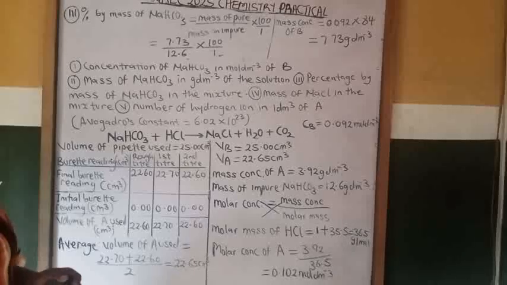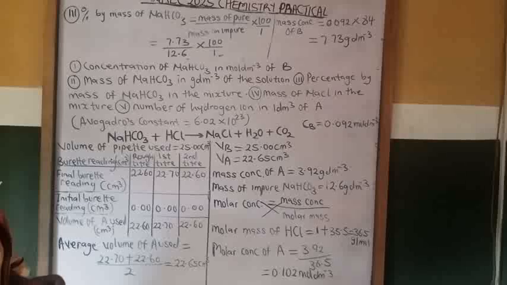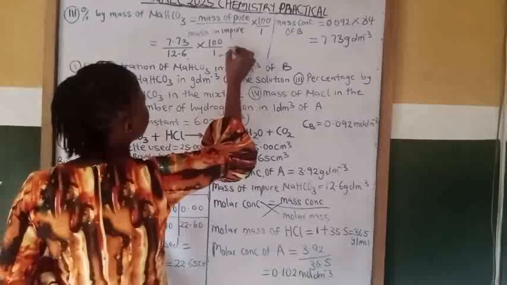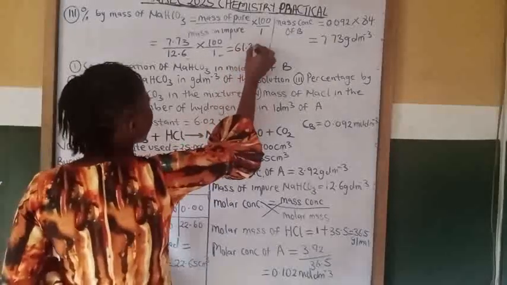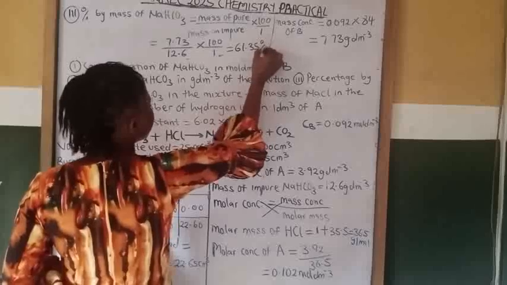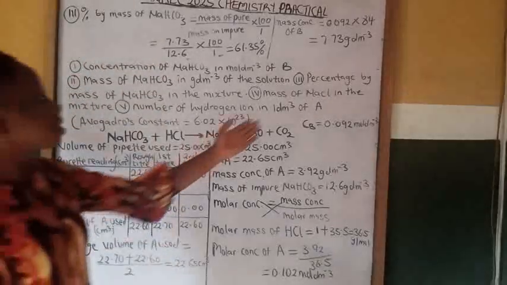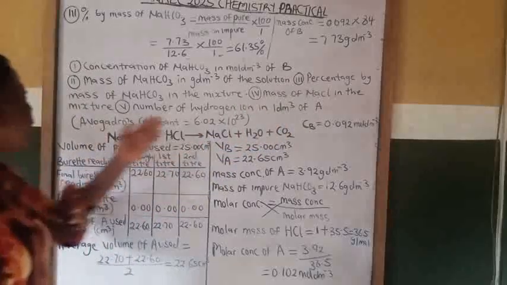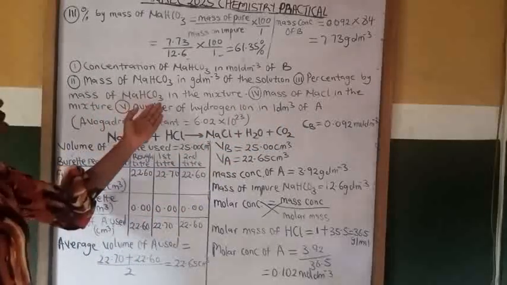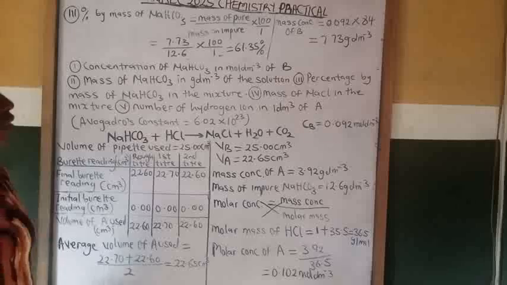It will give us 61.35%. Since we are looking for the mass of pure NaHCO3, they call it the percentage by mass of NaHCO3 in the mixture.